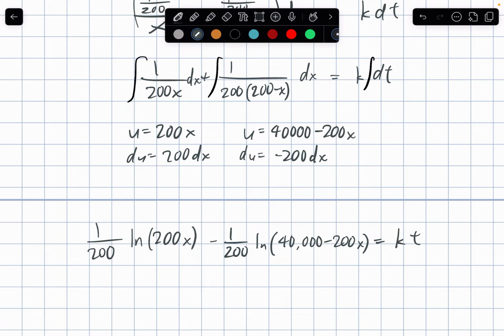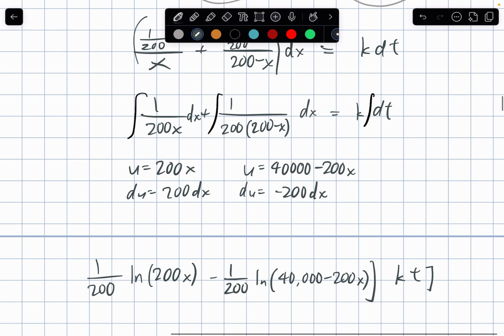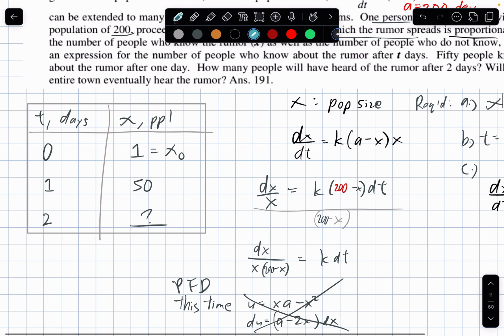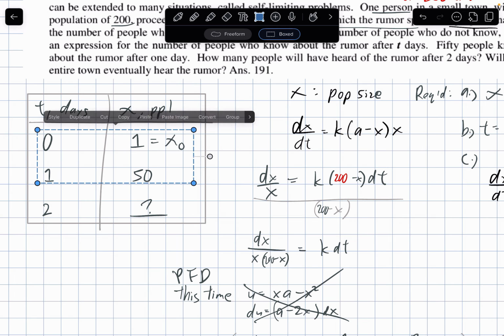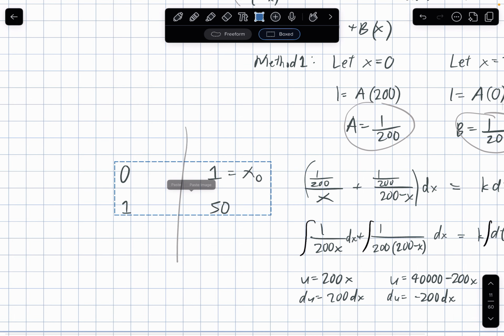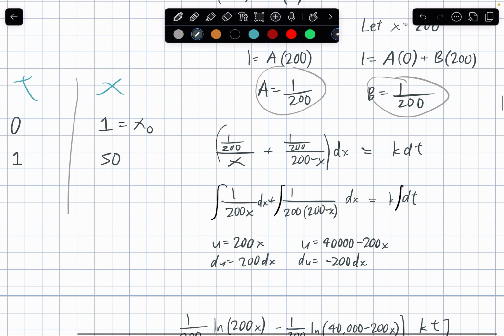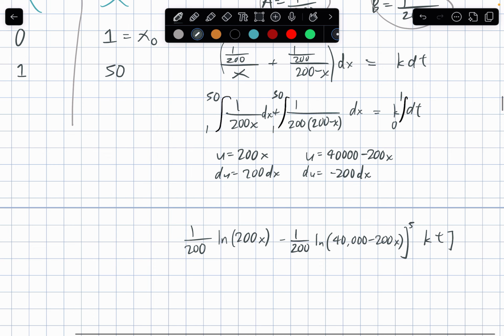Other side, k, t. By the way, let's already put our pairs. Again, this is x, this is time. So in the t we have 0 to 1. In the x values, we have 1 to 50. So 50, 1, 1, 0.